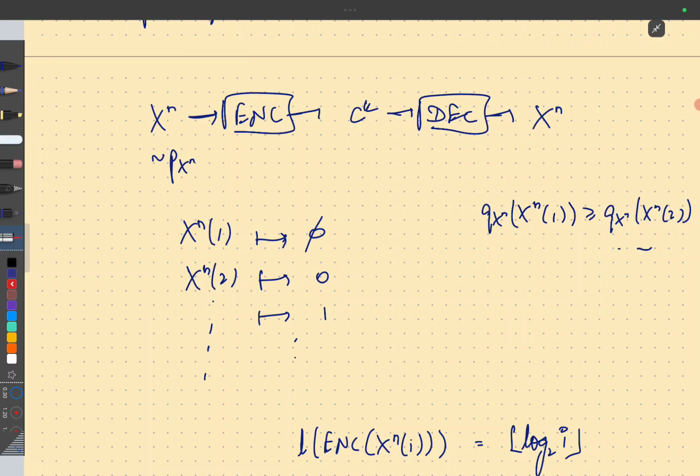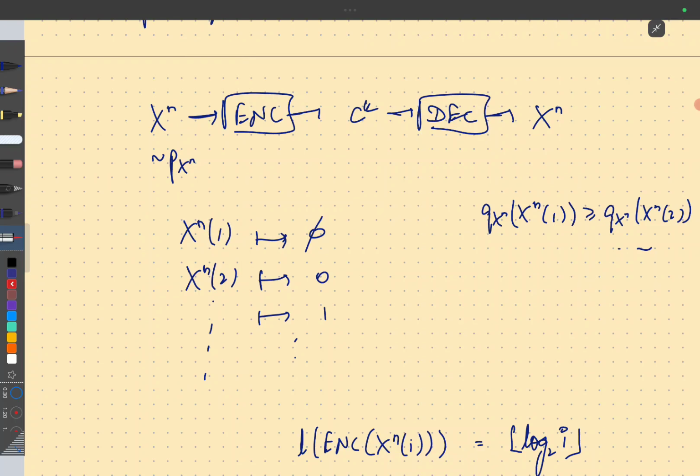Now the question is, how do you order these symbols? Since I didn't know P(x^n), I ordered them in decreasing order of their Q probabilities. So that is where Q comes into the picture, because I chose my table or ordering based on the distribution Q.